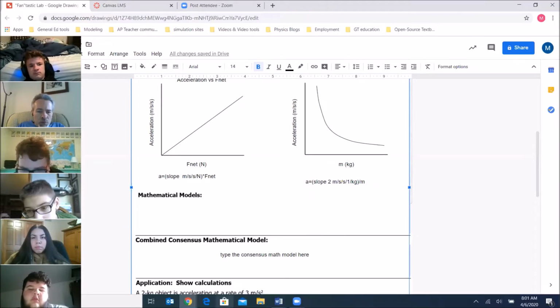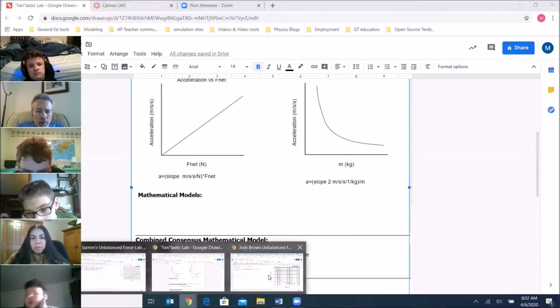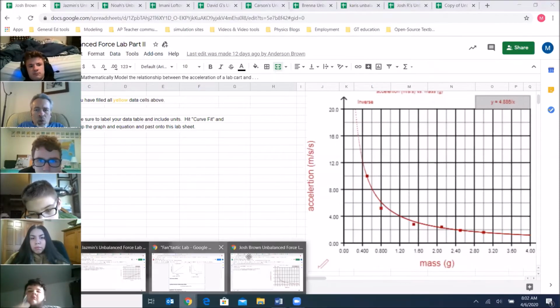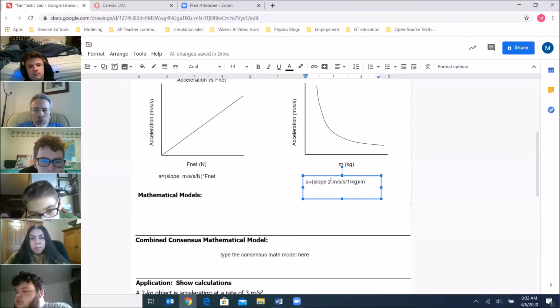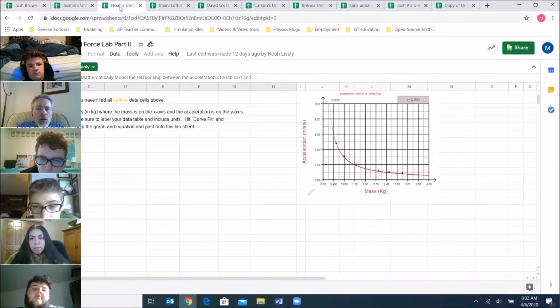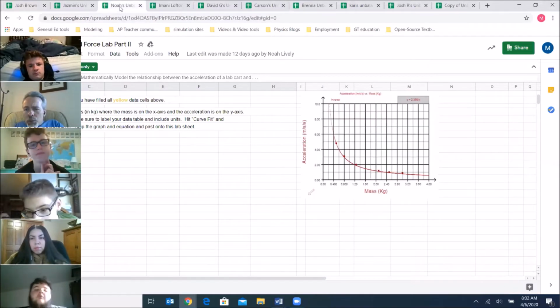If I were, for instance, Josh, instead of saying slope 2, I'd have 4.886. So right here for slope 2, I'd put in 4.886. Or if I was Noah, I would put in 2.369.